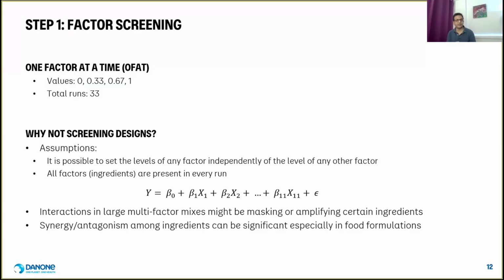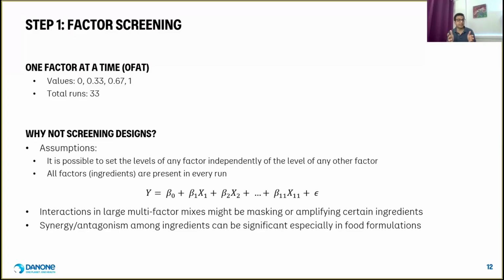And secondly, the way food formulation works and the way our mouth perceives interaction is quite different from usual process conditions. There could be synergy, or they could be working against each other depending upon the dosage that we have put in. So we already know there will be some kind of nonlinear effects, and including them at this stage just doesn't make sense.